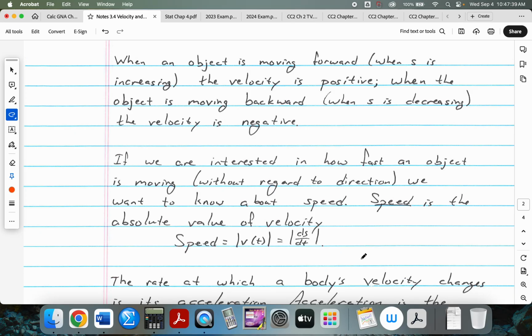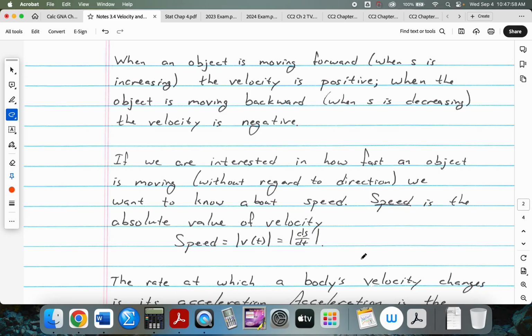When an object is moving backwards, when s is decreasing, we say the velocity is negative. Remember that if we're interested in how fast an object is moving without regard to direction, we want to know about speed. Speed is just the absolute value of the velocity.